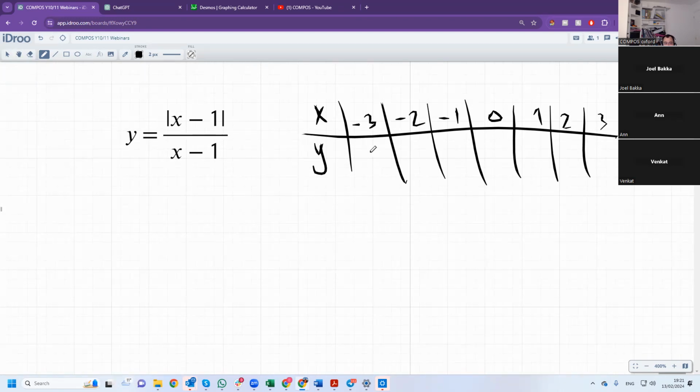It's going to be minus 1. So how does the graph look like? I'll give you a few more minutes.